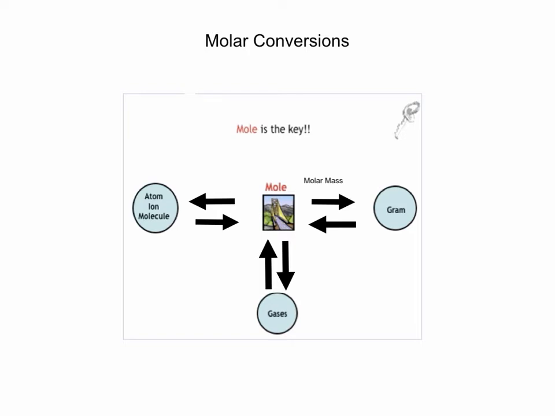Well, for atoms to molecules, we have to use Avogadro's number. And this, remember, is just the number of particles in a mole, and that is 6.02 times 10 to the 23rd power.